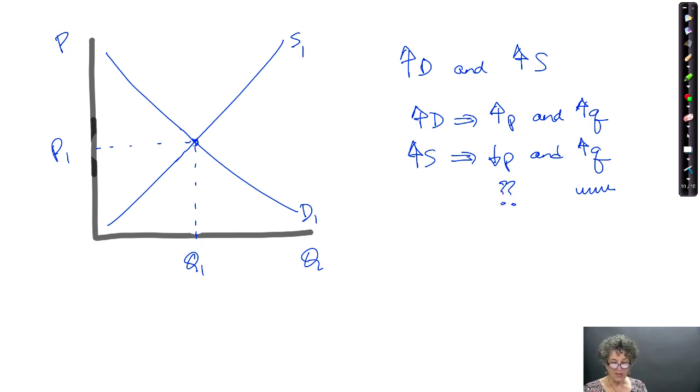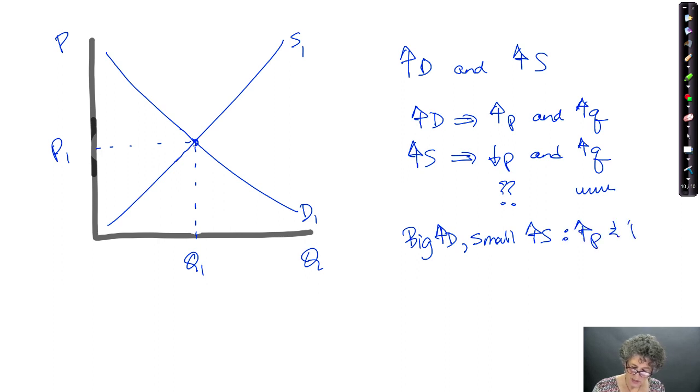But the effect on price is ambiguous because the increase in demand is increasing the price, but the increase in supply is decreasing the price. And so what matters is the relative size of the shifts in demand and supply, and that's the only way you can figure out whether the price goes up or goes down. If you have a big increase in demand and a small increase in supply, the net effect is going to be an increase in price and again, an increase in quantity, because the effect on price from the demand is going to swamp the effect on price from the supply.